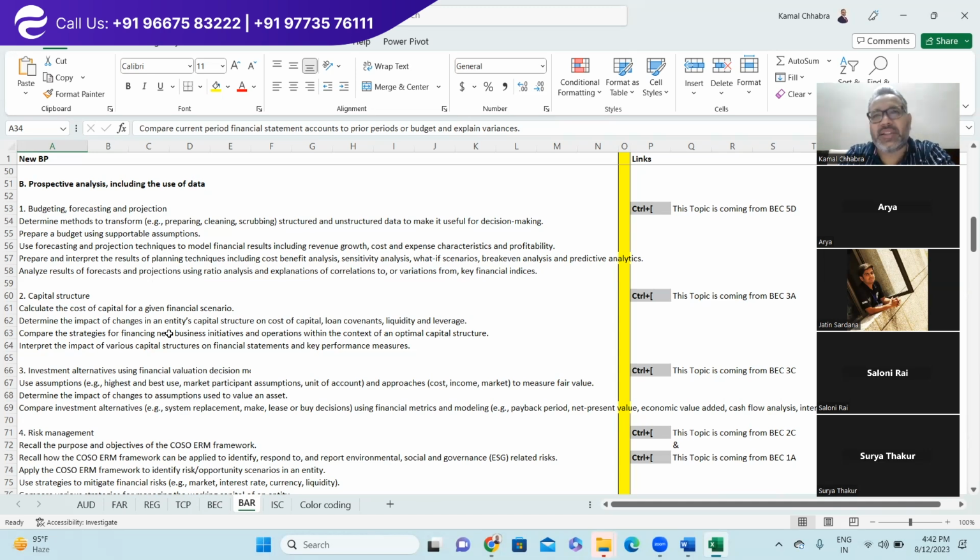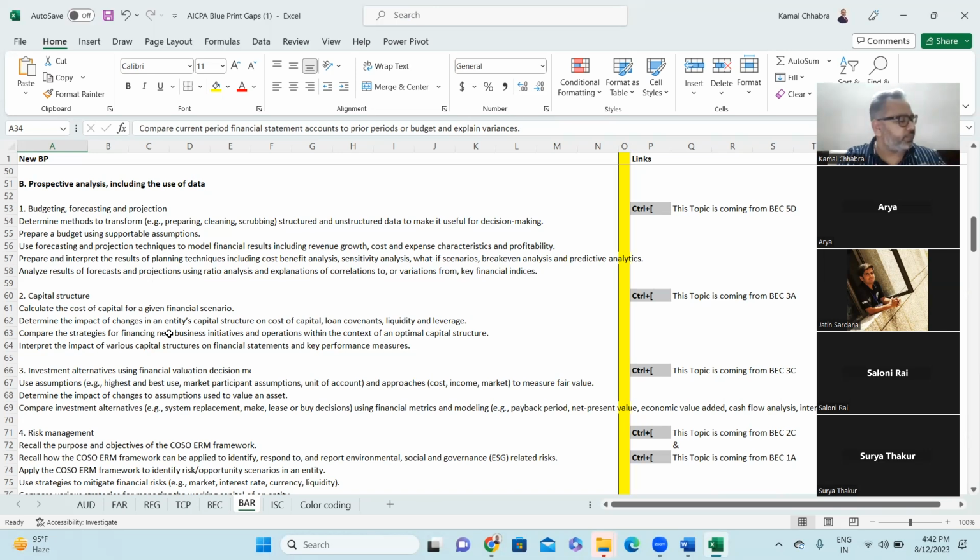So in terms of budgeting, have you studied budgeting in your college days? Yes. What all types of budgets have you studied? Do you remember?